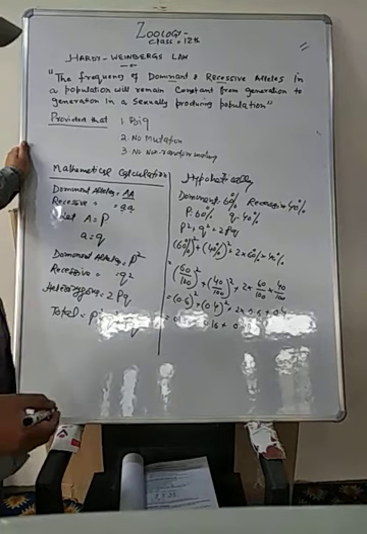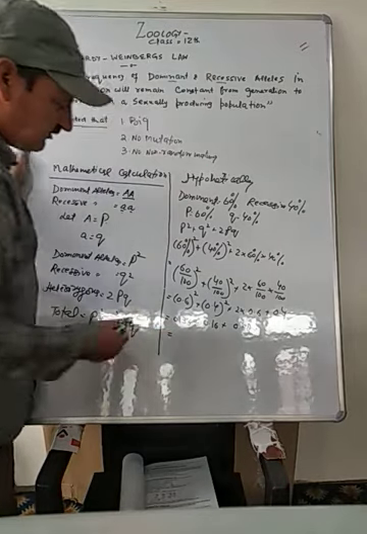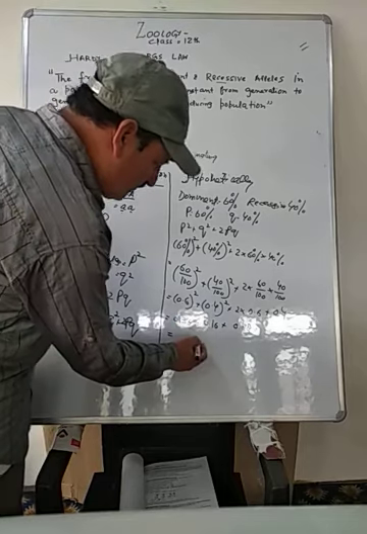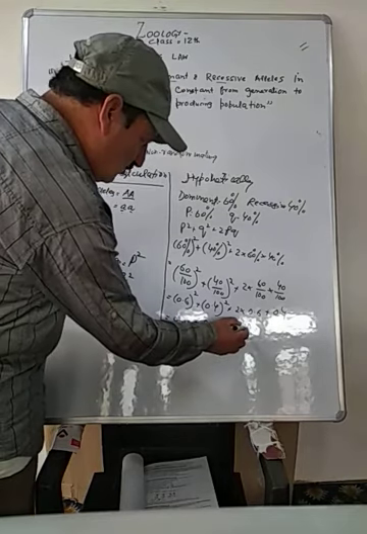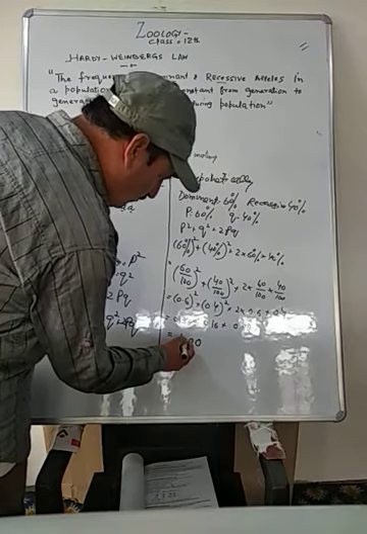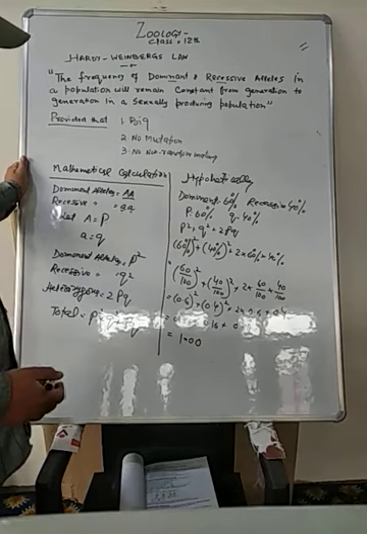So 0.36 plus 0.16 plus 0.48. If you sum this up, it will be equal to 1.